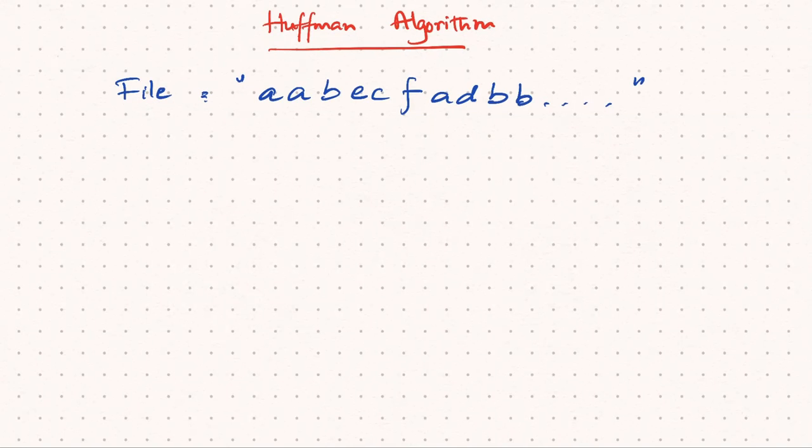So maybe let's write out our symbols. Let's say we have A, B, C, D, E, F. Let's say for this example that our file only has these characters and nothing else. We'll also count the frequency of each of these symbols.